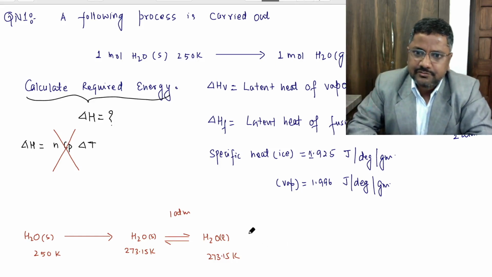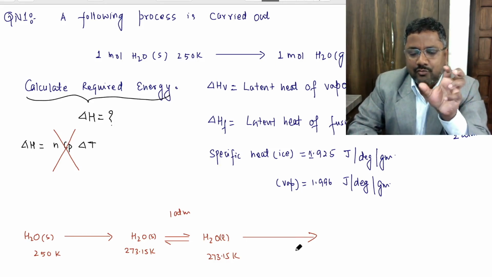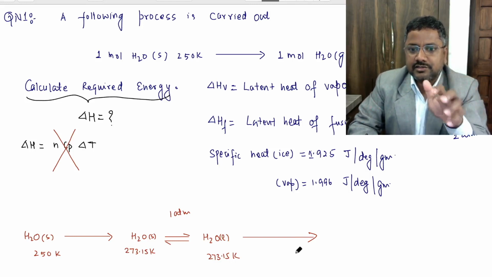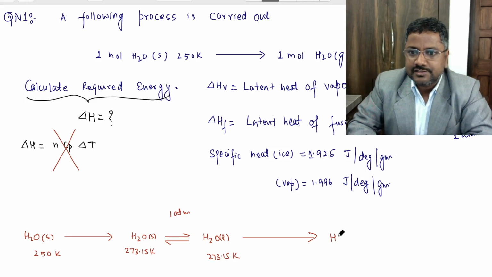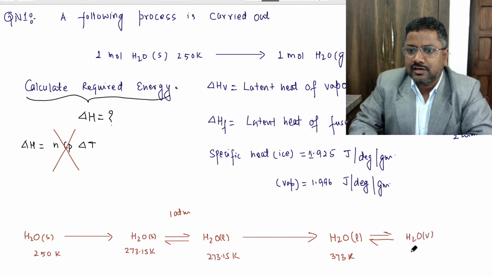Now if you are still providing heat here, the temperature will rise again. This is the chemistry basically. You have to focus on the intermolecular forces, how they change when you provide heat to the system. So now this will change its temperature. H2O liquid you will get, up to 100 degrees Celsius, which means 373 Kelvin, right? Now again this will change its phase and convert into H2O vapor. This is also at 373 Kelvin and 1 atm.